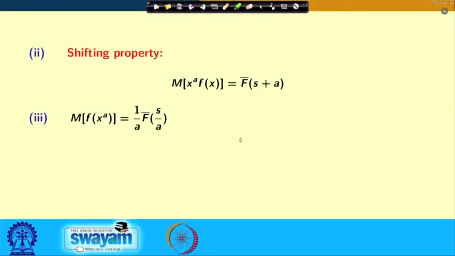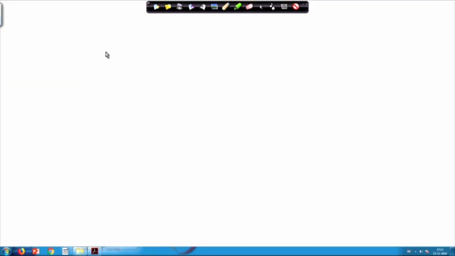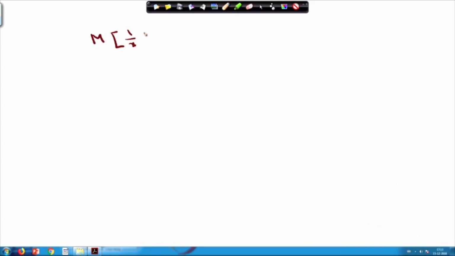The third one is the Mellin transform of 1 by x, f of 1 by x, which equals f bar 1 minus s. For the proof of this one, we can start with the Mellin transform of 1 by x, f of 1 by x.